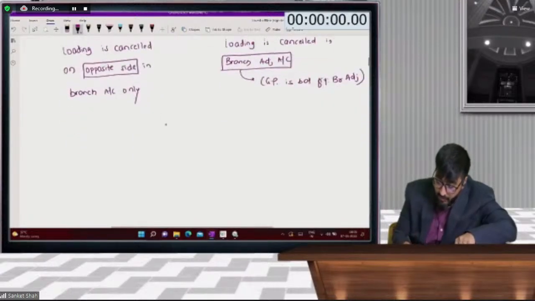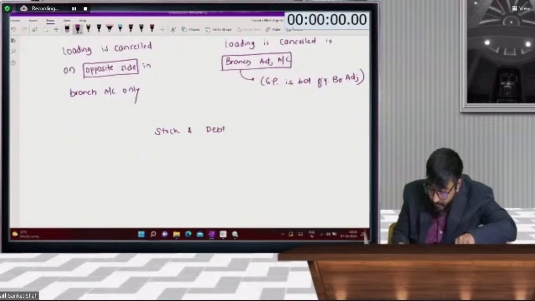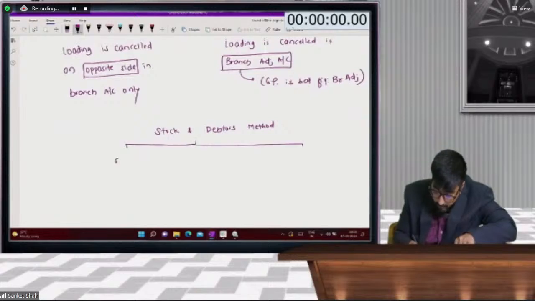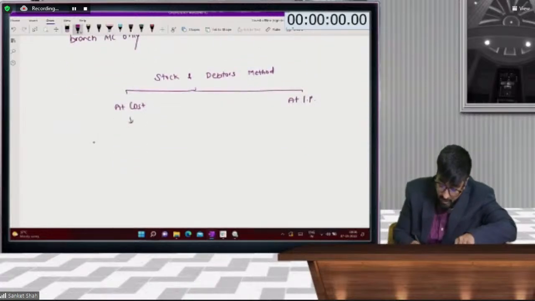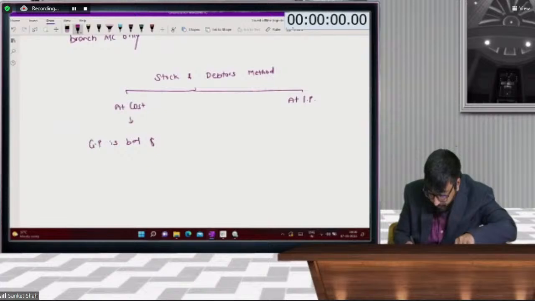And next difference will be for stock and debtors method, at cost and at invoice price. GP is the balancing figure of branch stock.